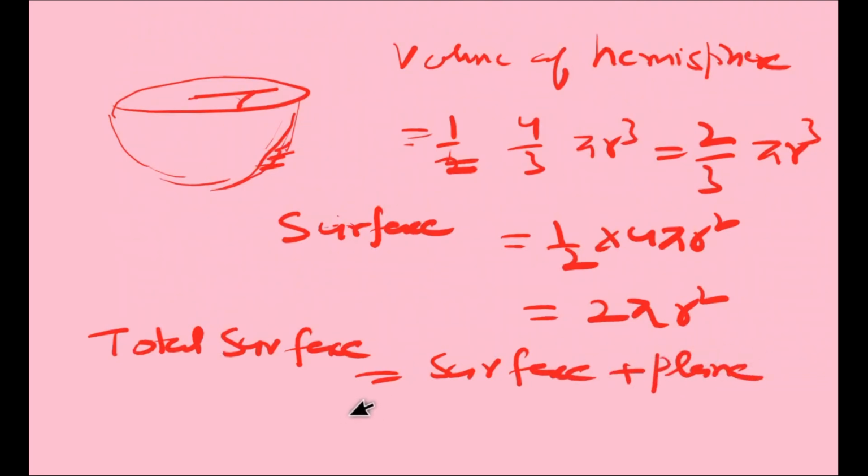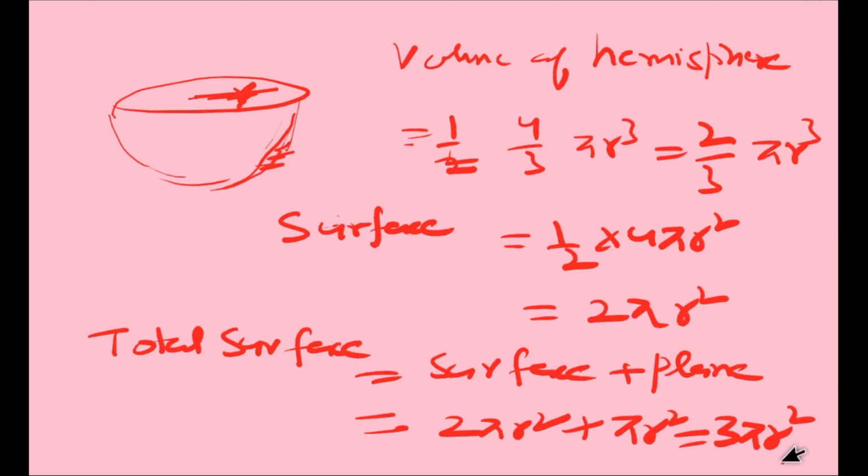The plane is a circle, so the area of this is pi r square. Okay, so we add pi r square, we get 3 pi r square. This is very important. So I am again telling you, the total surface will depend on the shape. So this you have to add.